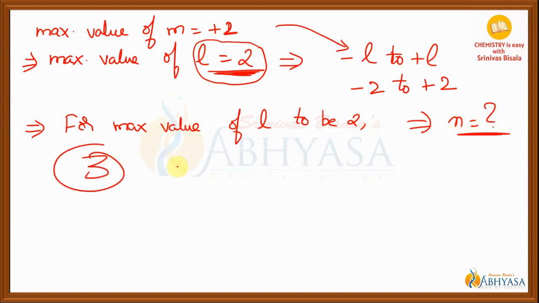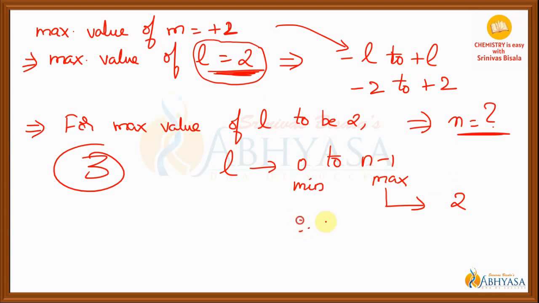Definitely it is 3. Why? Because l can have values from 0 to n minus 1. So the maximum value of l is n minus 1 and the minimum value of l is 0. We got the maximum value of l as equal to 2. It means n minus 1 is equal to 2. Therefore, n value will be equal to 3.